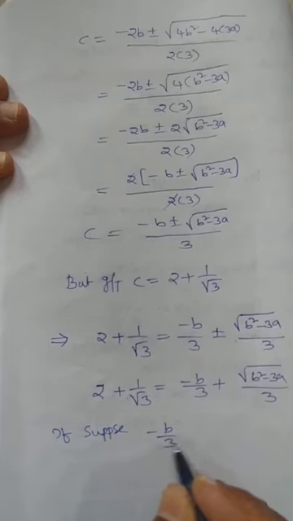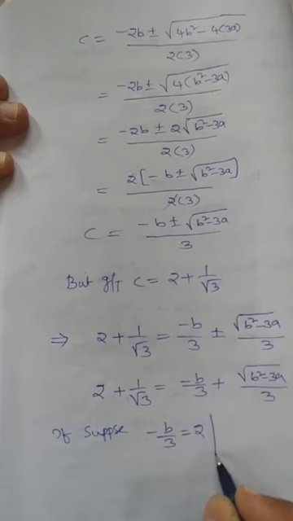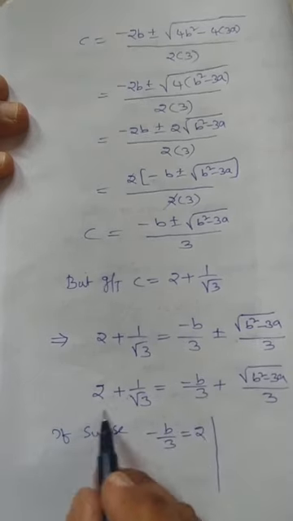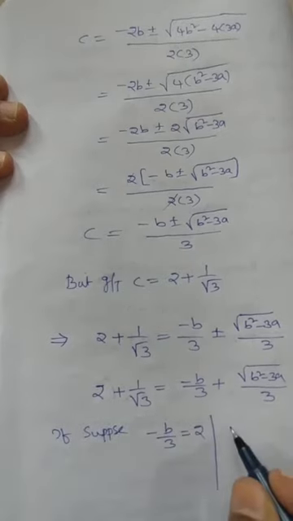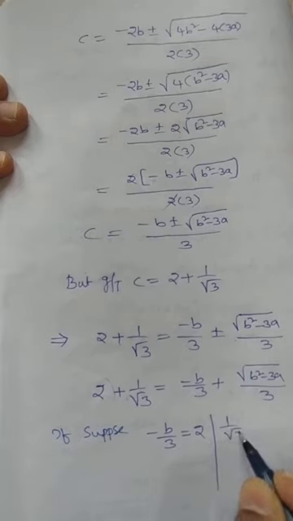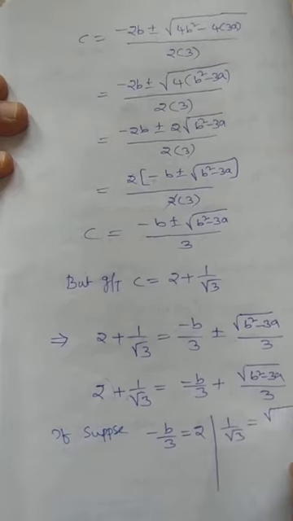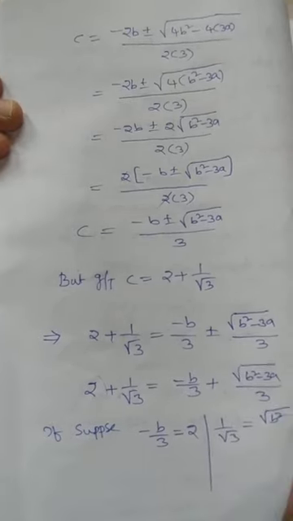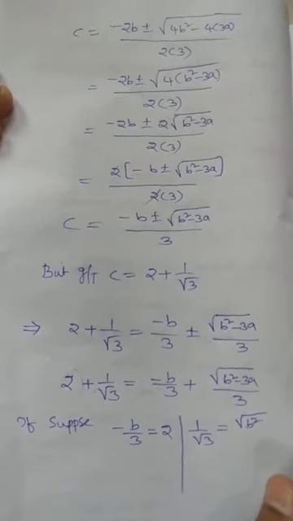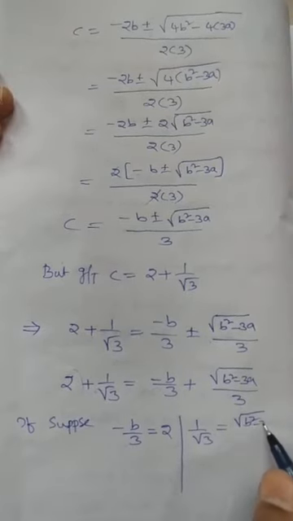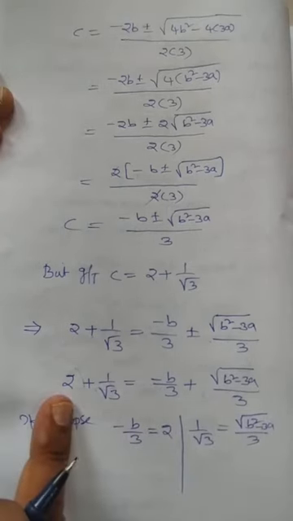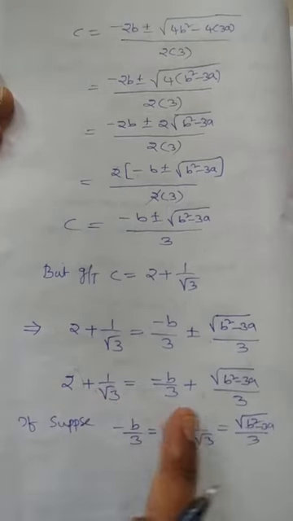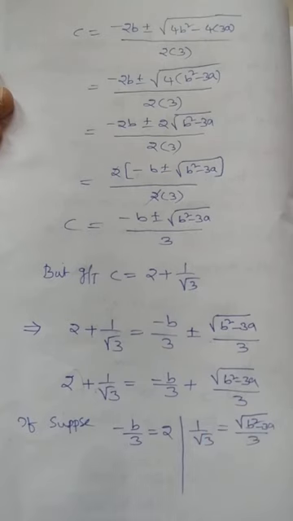If suppose minus b by 3 is equals to 2, means this term is equivalent to this term. So that 1 by root 3 is equivalent to under root of b square minus 3a by 3. If this first term is equivalent to the first term, the second term must be equivalent to the second term.